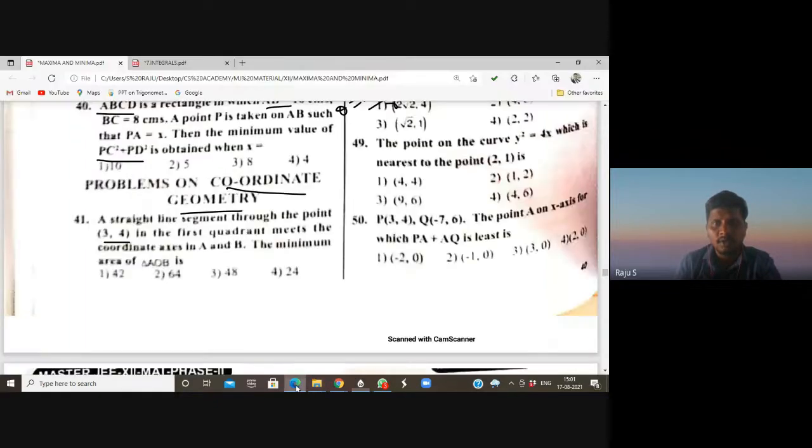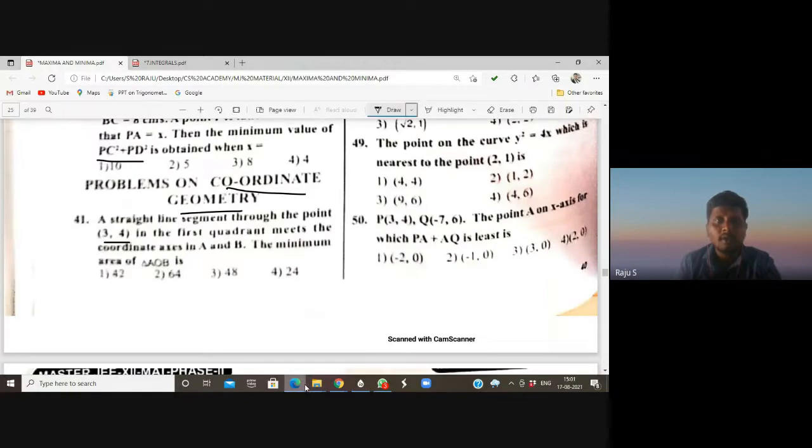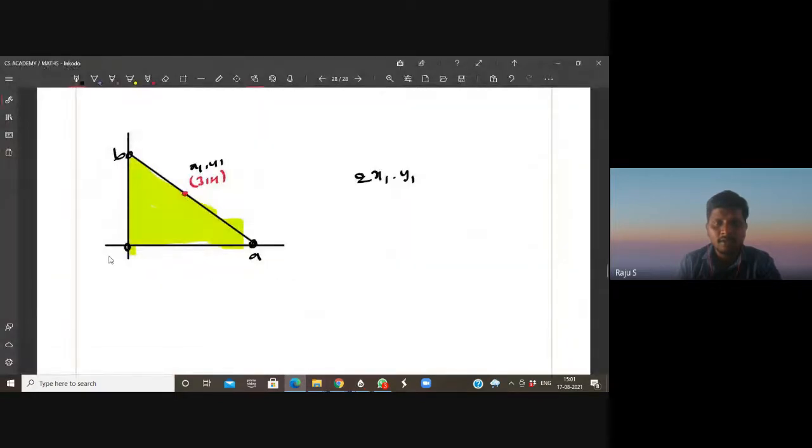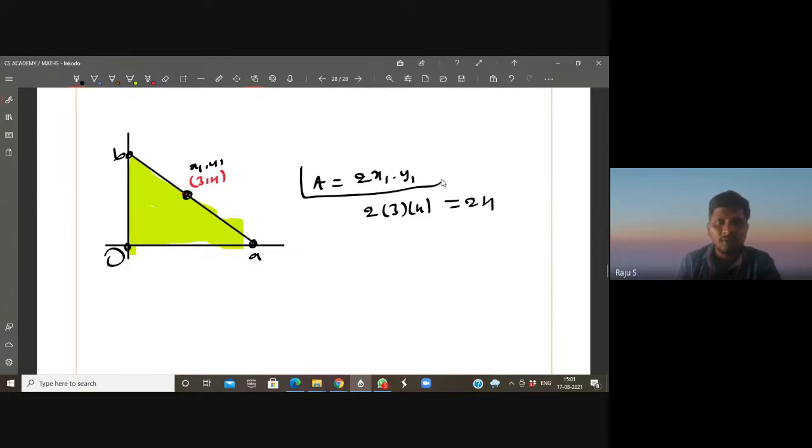This is given by the minimum area of triangle OAB. Already x1, y1 point is given, 2 into 3 into 4. Okay, students. The answer will be 24. The minimum area formula you always have to remember. This is the formula. Right, students?